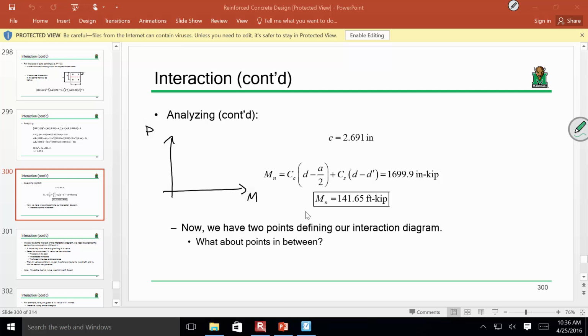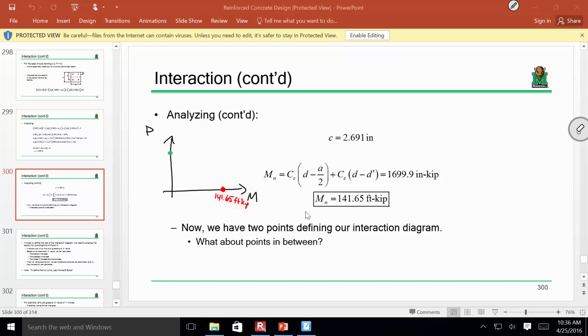I've got the case of pure axial load. This would be where M equals 0. And then I've got the case of pure bending where P equals 0. So this would be like 141.65 foot kips right here. Does that make sense? Everybody okay with that?